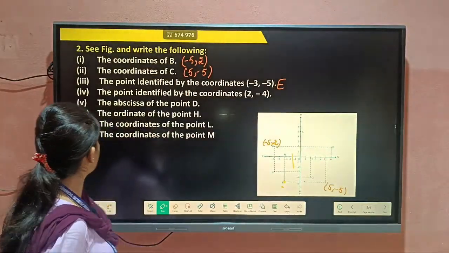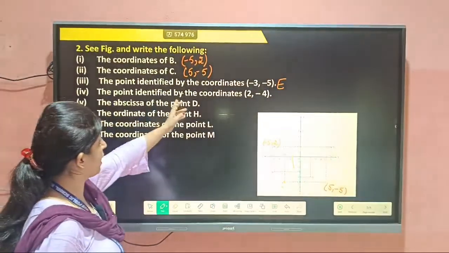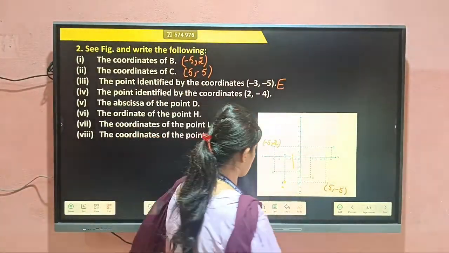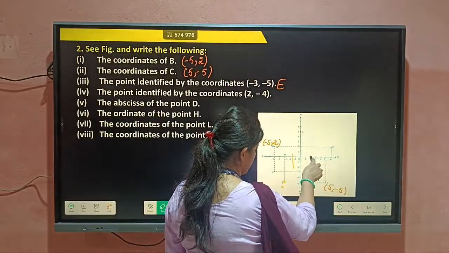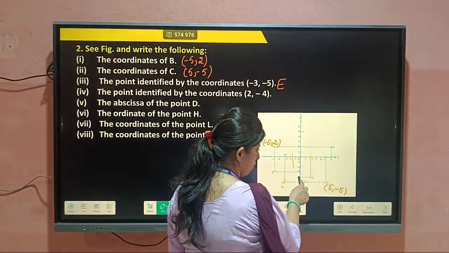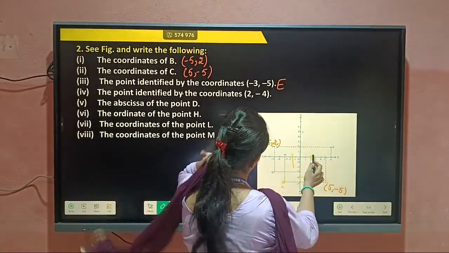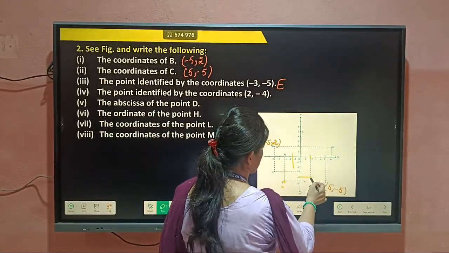Next one is the point identified by the coordinates 2, minus 4. Where is 2? Here. From the x-axis we will take 2 and from the y-axis it is minus 4, right?